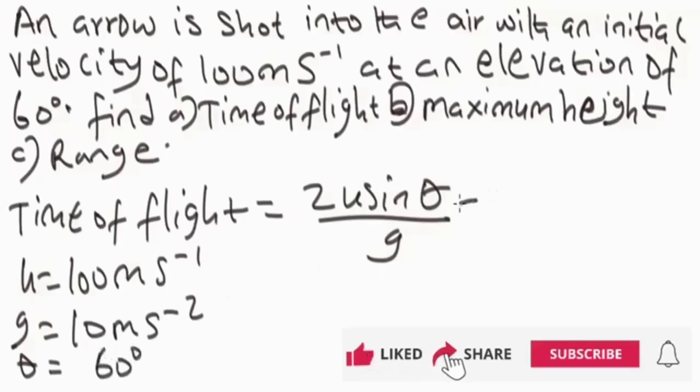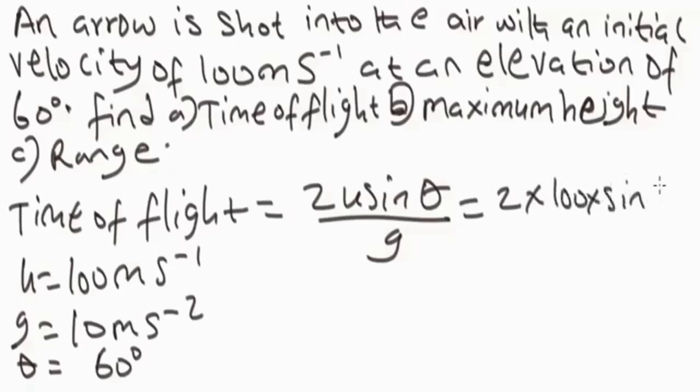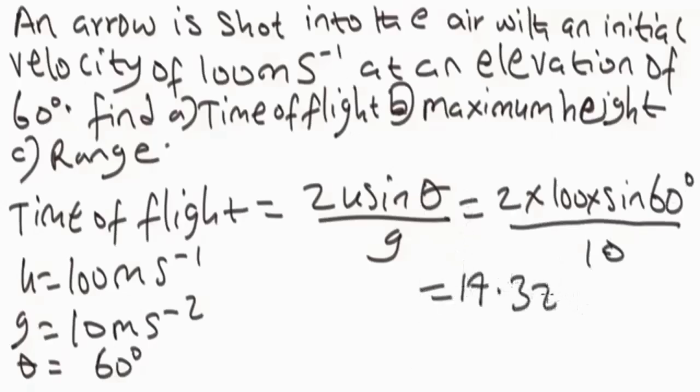If you substitute the values, you have 2 times 100 times sine 60 degrees over 10. Let me punch this into my calculator. I have 17.32 seconds in 2 decimal places, so this will be the time of flight.